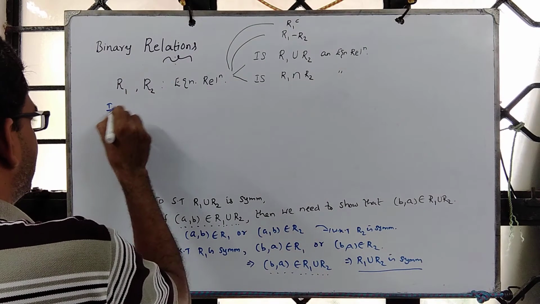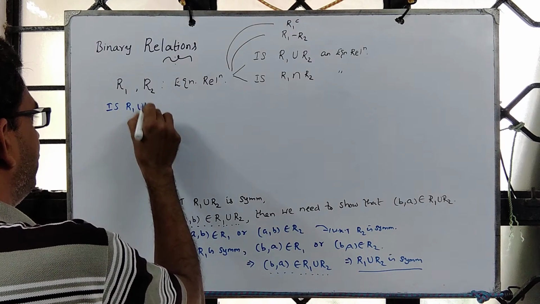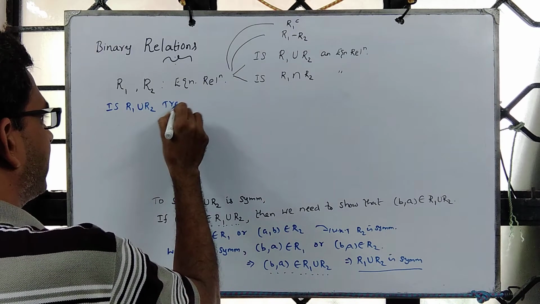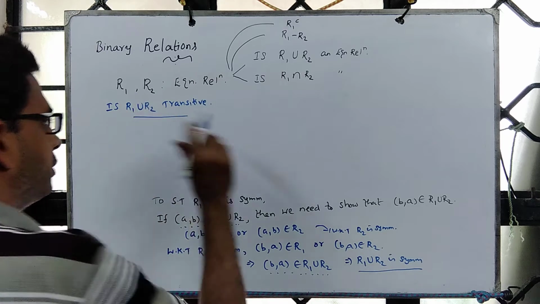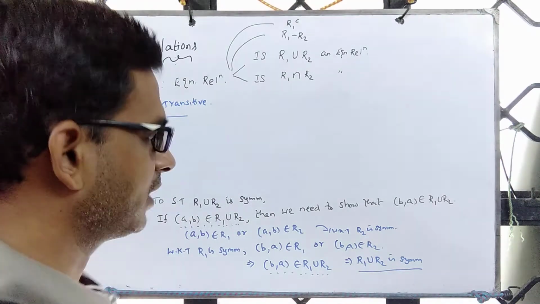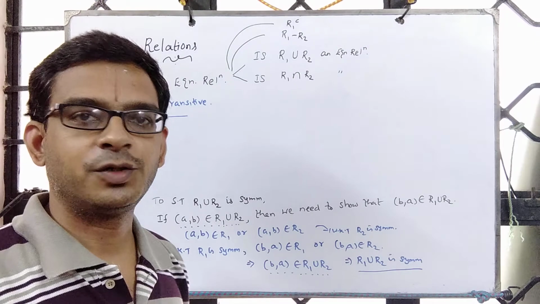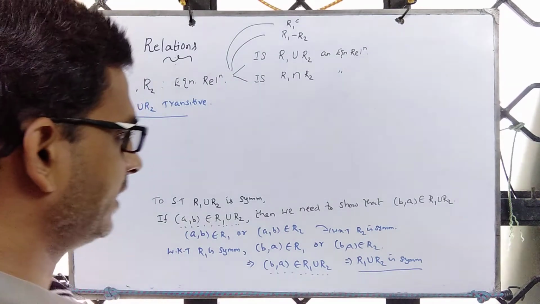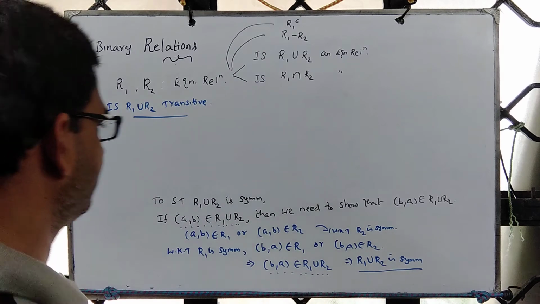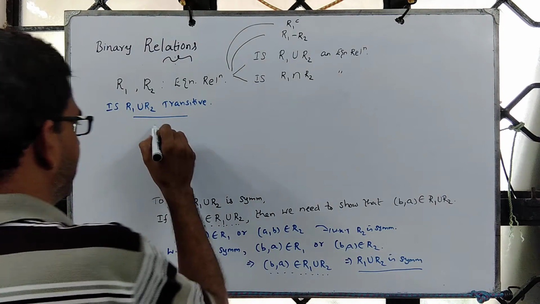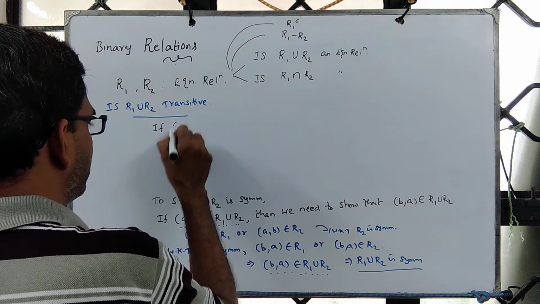So the next question is, is R1 union R2 transitive? Suppose we prove this as well, then we can conclude R1 union R2 is an equivalence relation, given that R1 is an equivalence relation and R2 is an equivalence relation. So what is it that we are supposed to show?